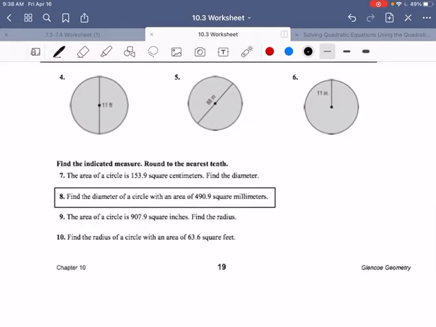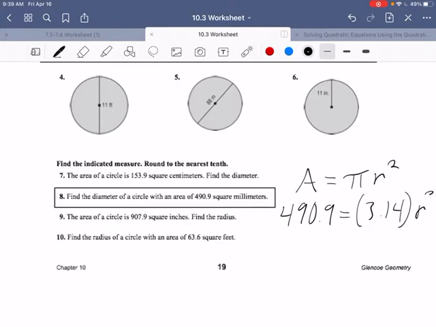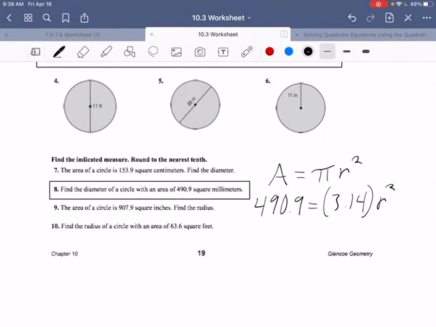When given the area, 490.9 equals 3.14 times radius squared. We just have to divide both sides by 3.14 because we're trying to isolate our radius. It asks for the diameter, but we need to find the radius before we can find the diameter.